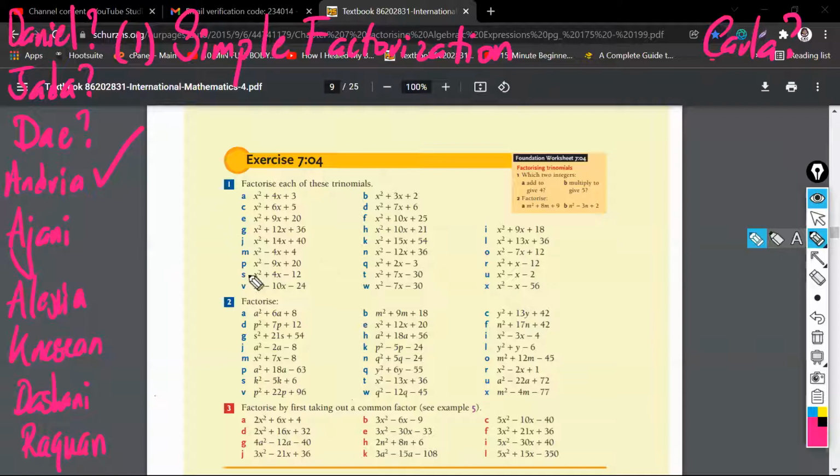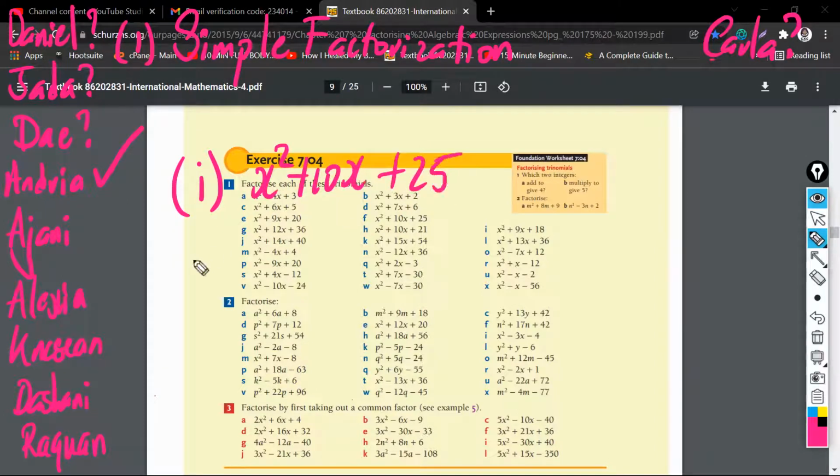Let me put 4 on the board, 4 on each side for everybody to practice. X squared plus 10x plus 25.